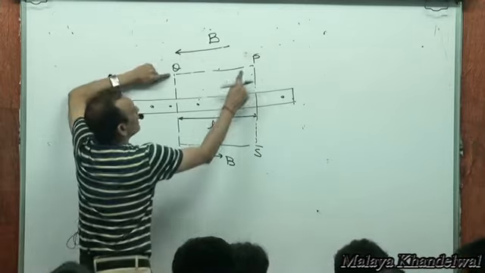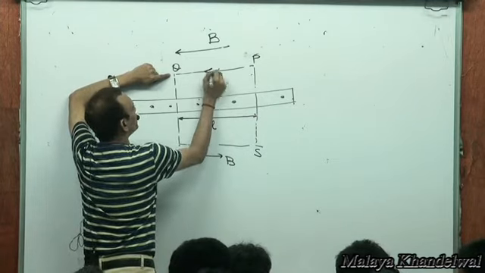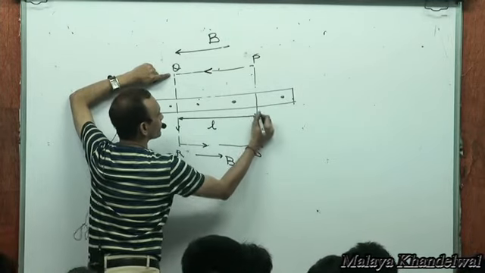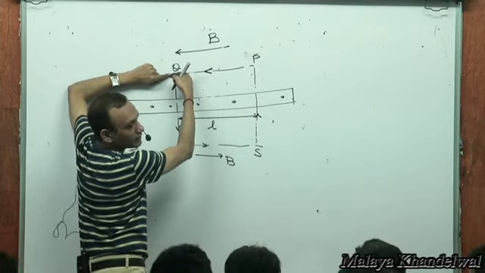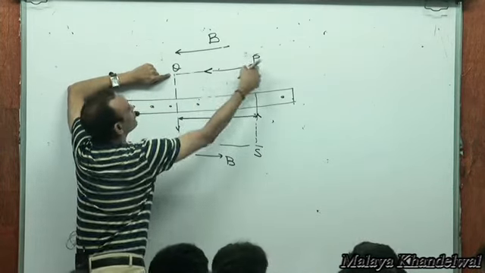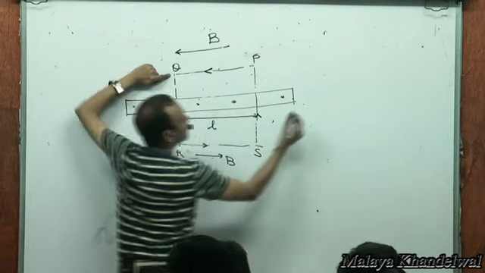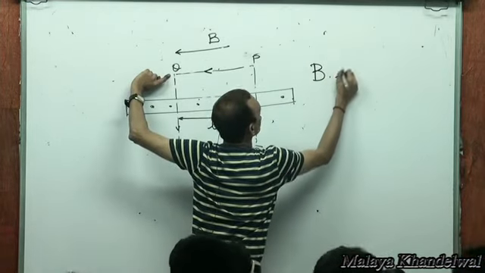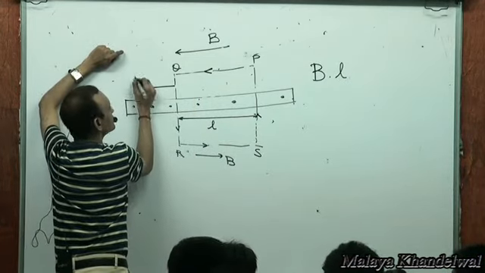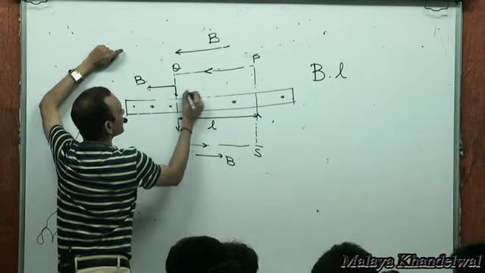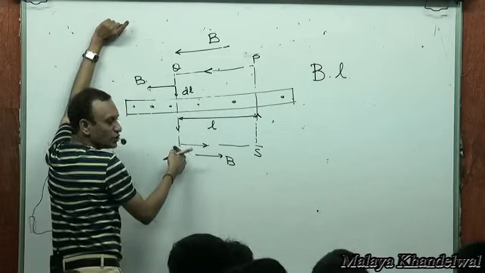Now, if I do a B dot dl from P, I circulate the loop this way. B dot dl for this portion is going to be B into L. Now, if I go from Q to R, my B's are like this, my dl's are like this, so B dot dl will be 0 for this.